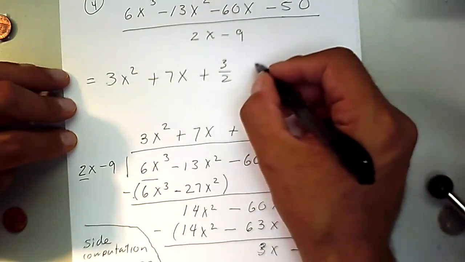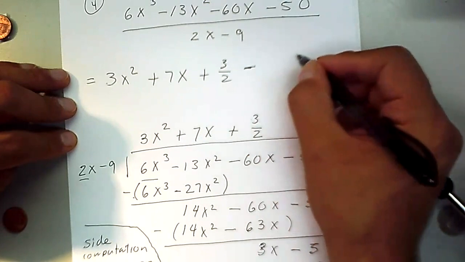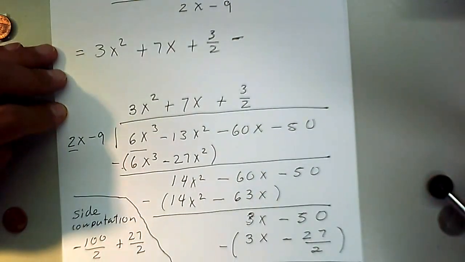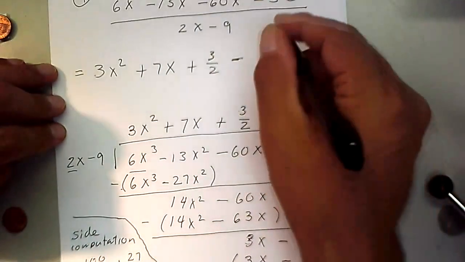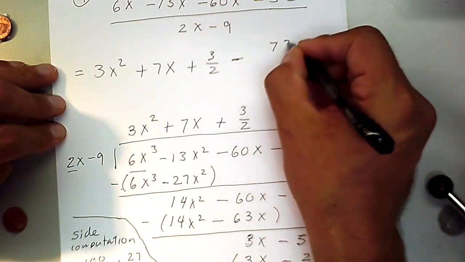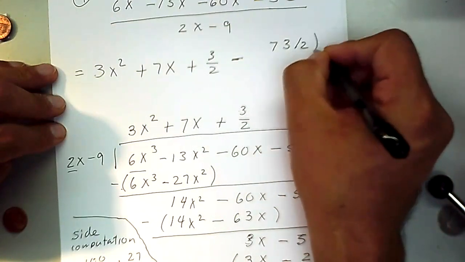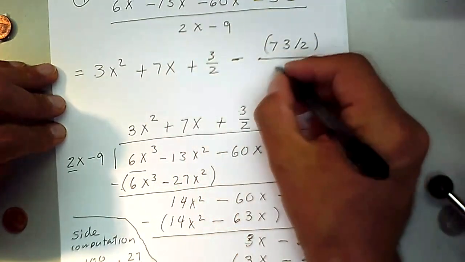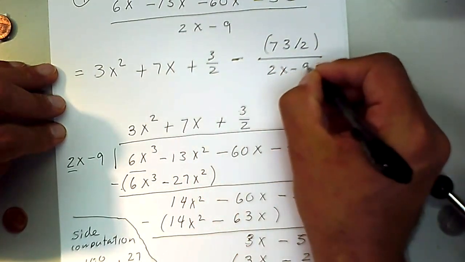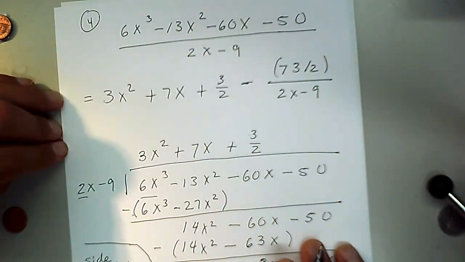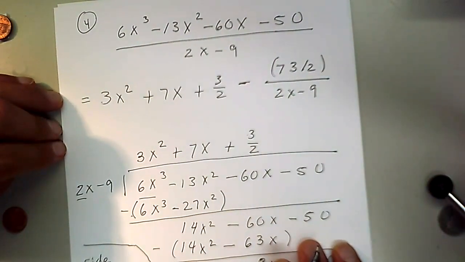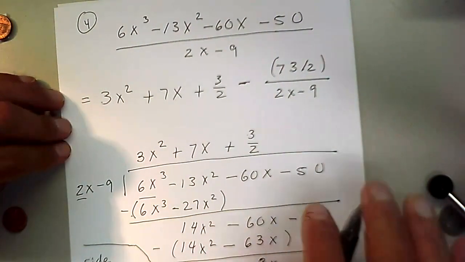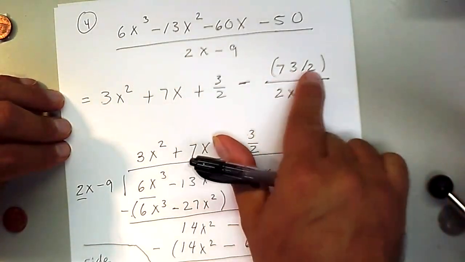And then we still have a leftover, which is the 73 over 2, divided by still 2x minus 9. Yeah, this is the answer. We should really simplify that.